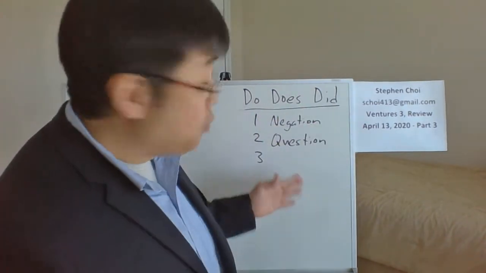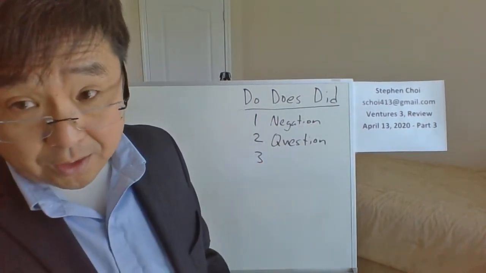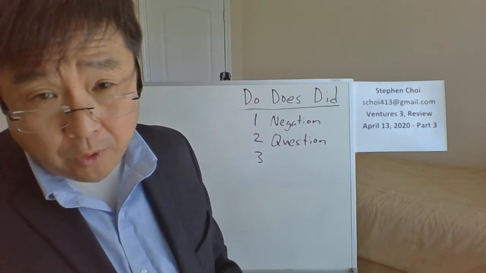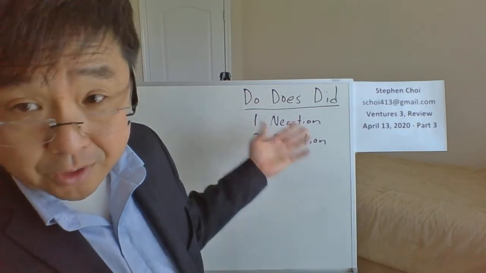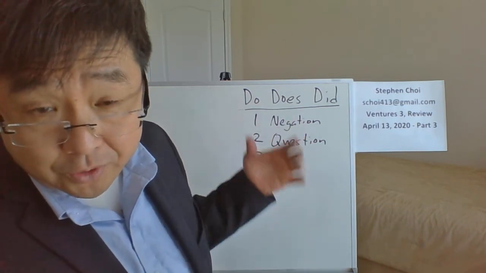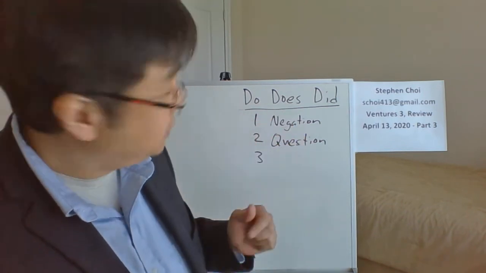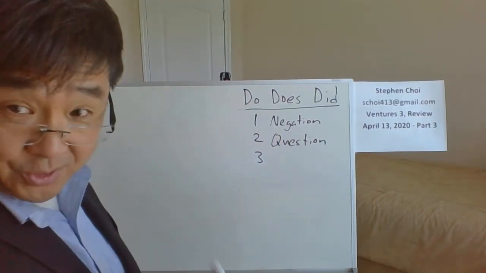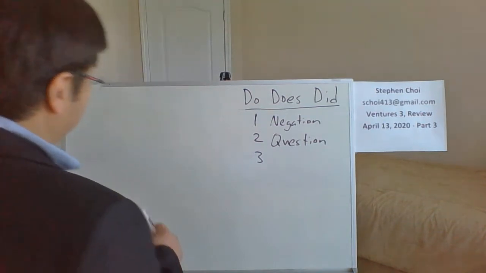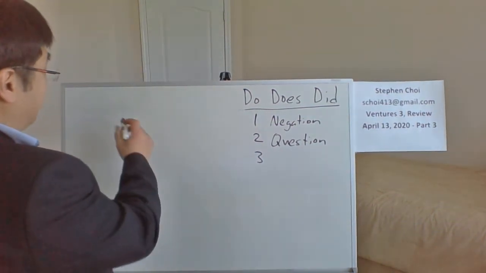And then we have another reason. What do you think that is? When do we use do, does, did in English? We use it to make negative forms. We use it to make question forms. What's another one? Anybody know?